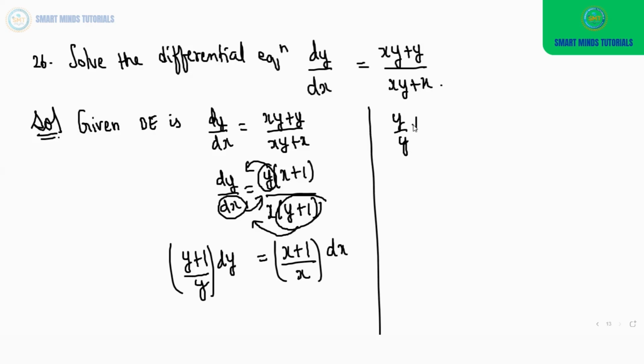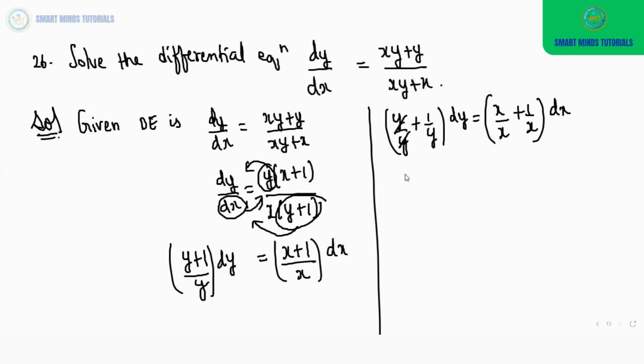If the numerator has more terms and the denominator has fewer terms, we can separate. Mostly when only one term is there in the denominator, it is very easy to separate. y by y plus 1 by y into dy. Here, x by x plus 1 by x dx.